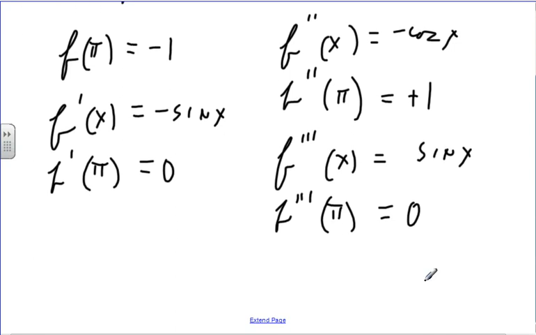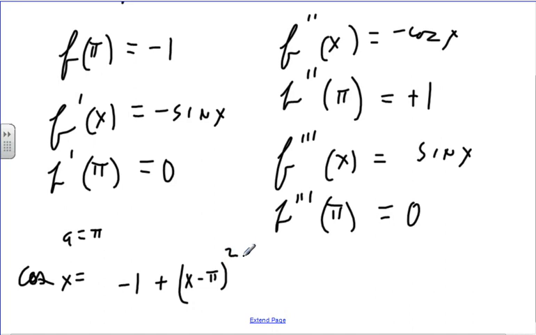Okay, so now cosine x at a equal to pi is going to be minus 1 plus x minus pi squared, how can that be?